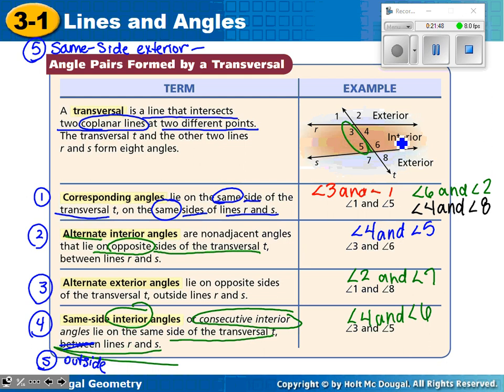So you can rewrite this whole definition if you want to and then change that word to outside. Or you can just try to keep in your mind that that is on the same side outside. So pick the angles that are same side exterior here. 1 and 7. Angle 1 and angle 7. And then angle 2 and angle 8.